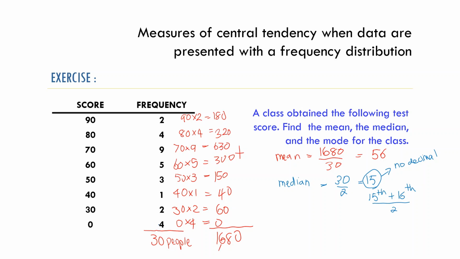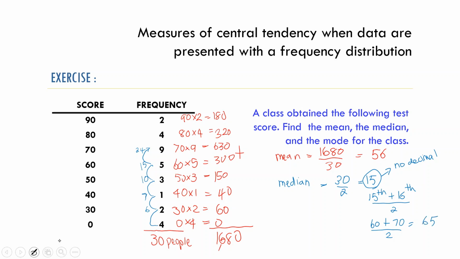So start here, 4 plus 2, 6, 7, 7 plus 3, 10, and 15. So the 15th is 60. Then the 16th is going to be in the range here: 15 plus 9 is 24. So that means the 16th is 70, and divided by 2, I get the median equal to 65.